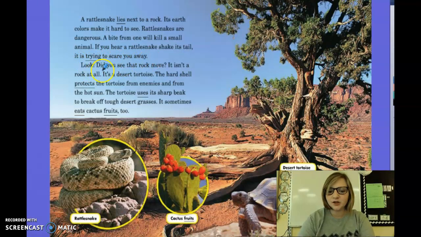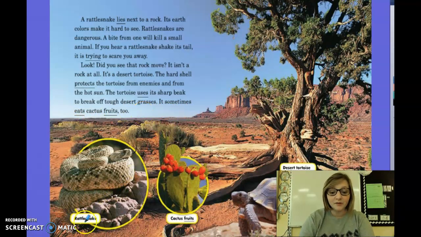Look, did you see that rock move? It isn't a rock at all. It's a desert tortoise. The hard shell protects the tortoise from enemies and from the hot sun. The tortoise uses its sharp beak to break off tough desert grasses. It sometimes eats cactus fruits too.